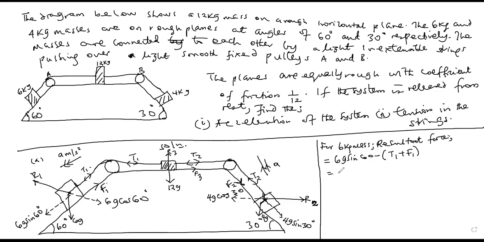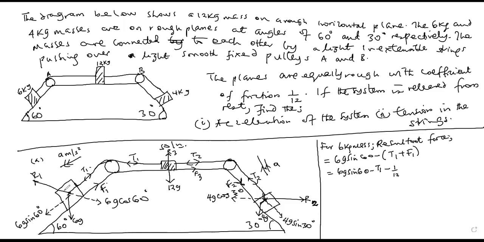So let me say that this is the same as 6G sine 60 minus T1 minus F1. F is mu R1, but remember, mu has been given as 1/12. So it is 1/12 because it is mu R1.